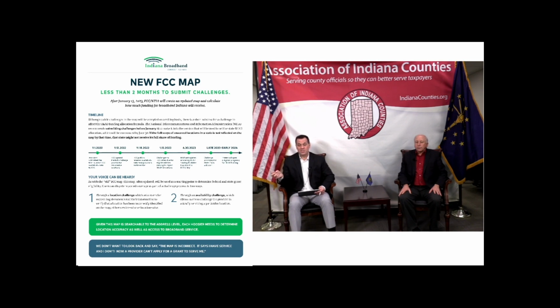And whatever percentage that is, that is the percentage that Indiana will receive of the $42.5 billion. We think right now as it stands, we may get $600 million here in Indiana specific for broadband build out, but every dot that we can have added to the map could be $5,000 to $10,000 more that Indiana can receive to build out quality infrastructure in and across Indiana.